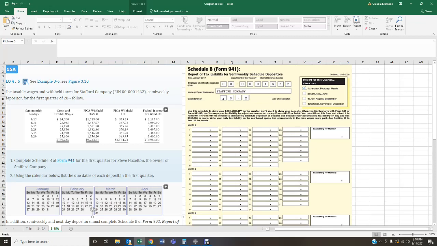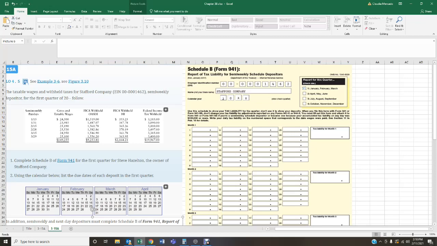They are giving us the information here. What we need to do is calculate and enter the appropriate date. So this is the month, and then these are all of the dates. The first payday is the 15th, so we're going to enter that information on the 15th. What information are we going to enter?